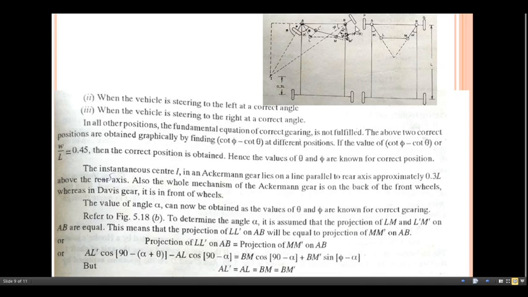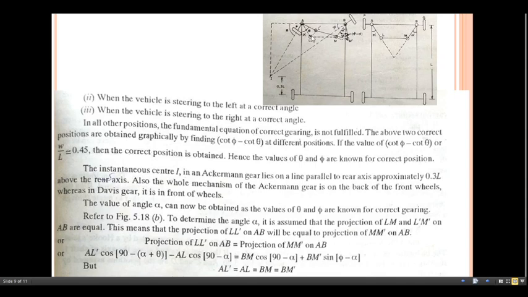This means that the projection of L dash on the AB, and whatever the projection of this M dash on the AB, are equal.